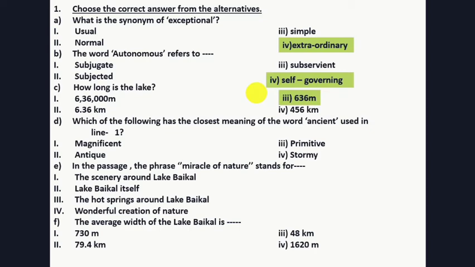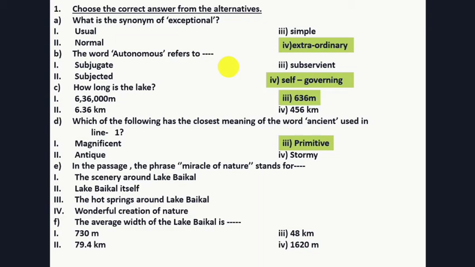Which of the following has the closest meaning of the word ancient used in line 1? You remember in line 1 we learned a word, ancient, and the meaning of the word is primitive. We learned from our discussion that the meaning of this word is primitive. So, that is the answer.